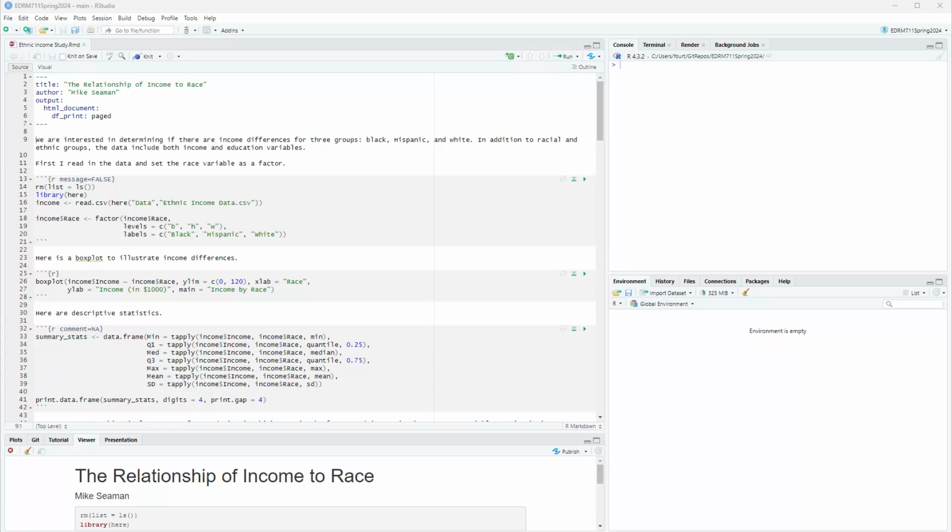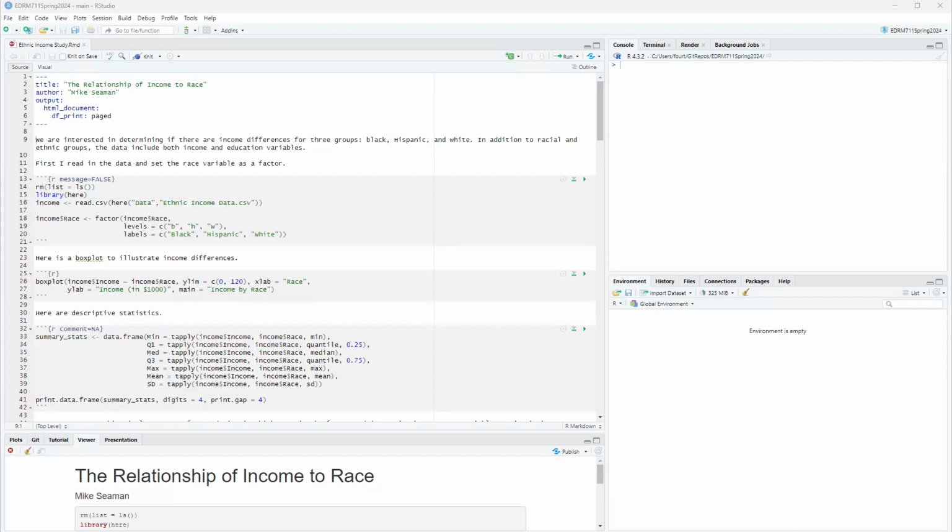But we basically are going to look at three different race/ethnic categories here. One is black, one is Hispanic, and one is white. So we call this ethnic income data.